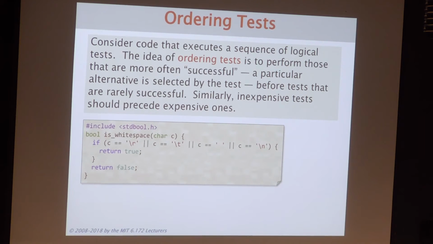So here's an example. Here we're checking whether a character is white space. A character is white space if it's equal to the carriage return character, the tab character, space, or the new line character.